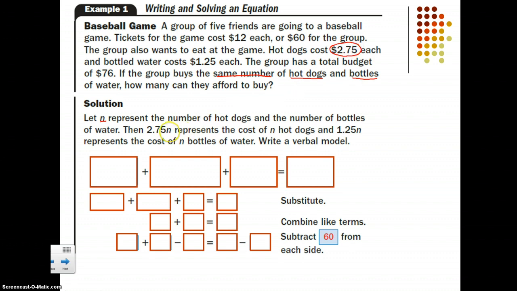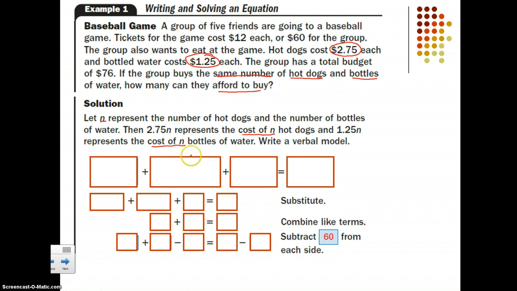We can multiply that by n to represent the cost of n hot dogs, which we don't know how many we're buying yet. That's the question. How many can they afford to buy? And $1.25 is the cost of the water times n to represent the cost of the bottles of water.